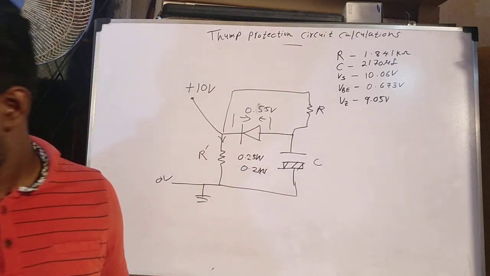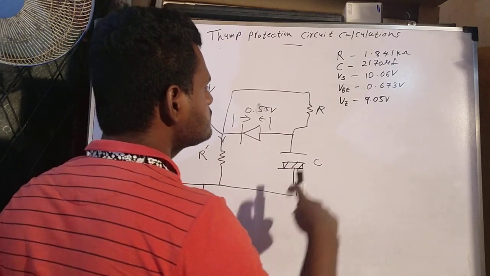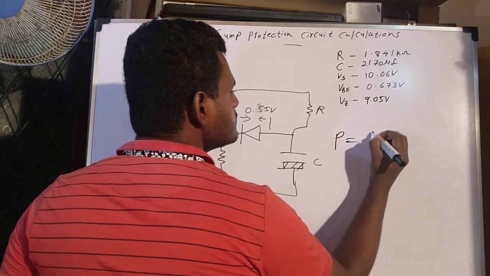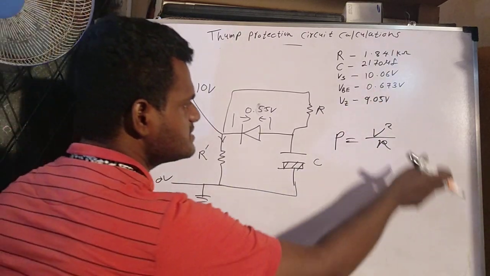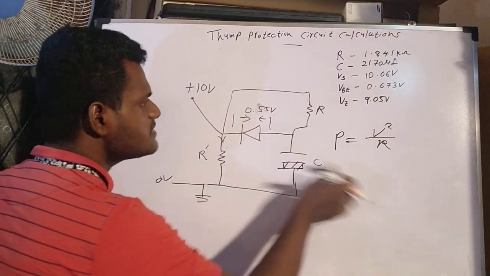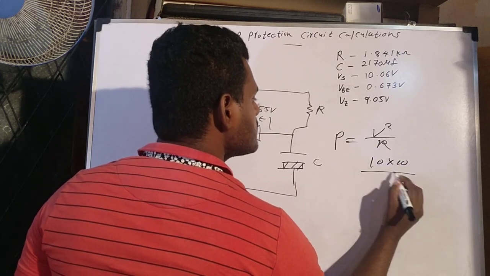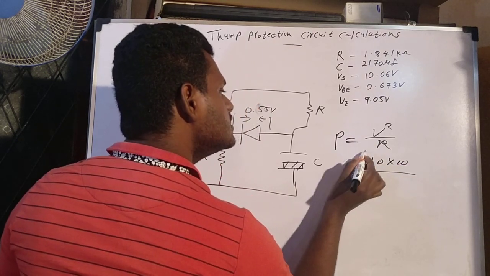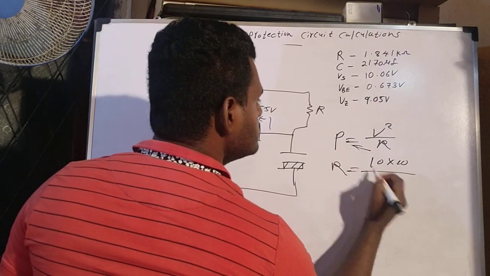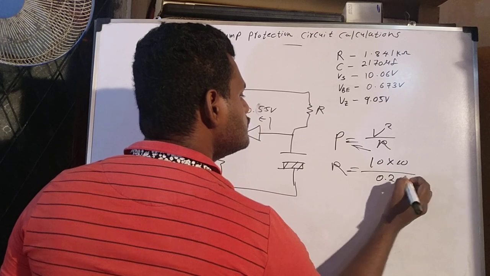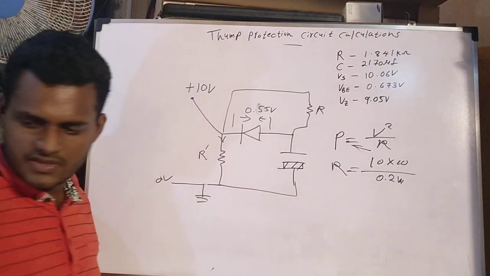Then how to find the resistor value? Very easy. I can apply P equals V squared divided by R, our power equation. Here it is 10 volts. So I apply 10 times 10 divided by R. Then R is equal to V squared divided by P, where P is 0.2 watts.